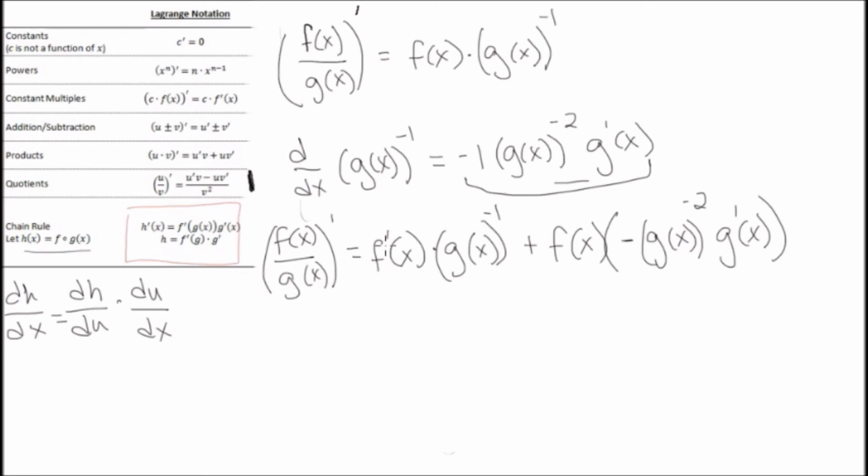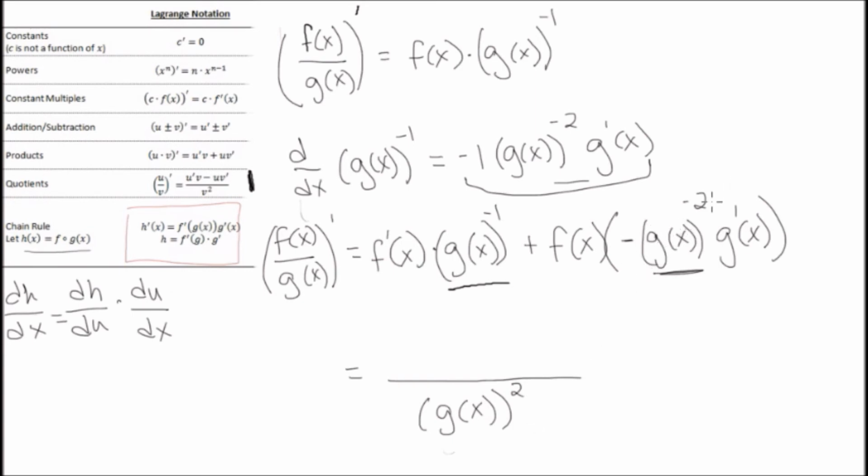So if we simplify this, notice that we have g of x to a negative power in both cases. I'm going to simplify it by going for the highest power, the negative 2. So how can I rewrite this with g of x squared on the bottom?